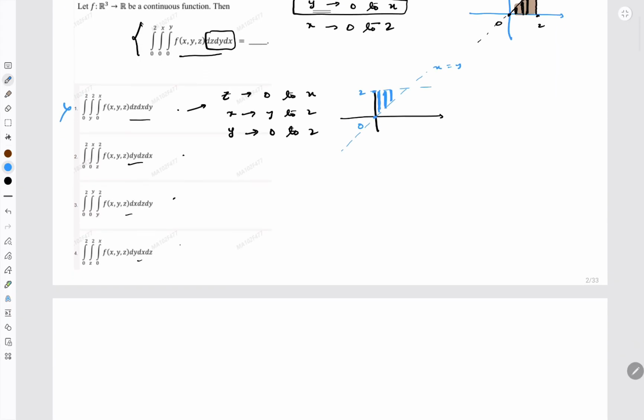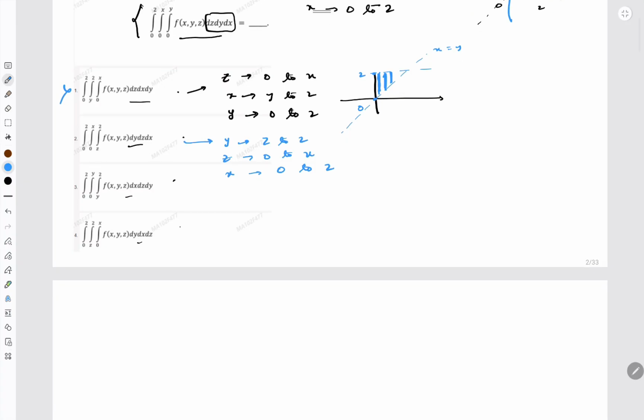Going to the next option, it says y is from z to 2, z is from 0 to x, and x is from 0 to 2. Here I cannot draw the xy plane directly because y is dependent on z as well. So let us leave this option for now. Let us see option 3. x is ranging from y to 2, z is from 0 to y, and y is from 0 to 2.